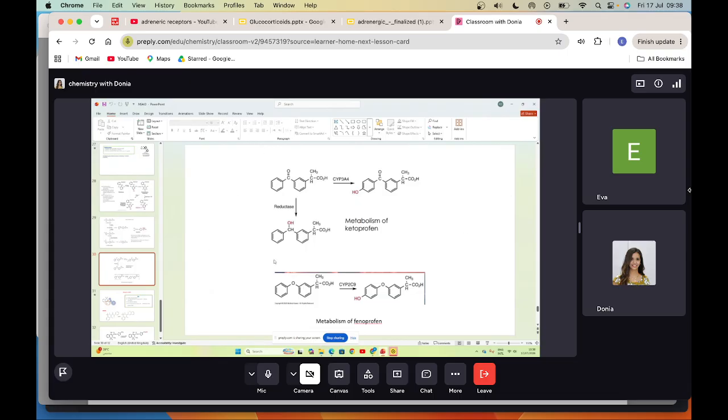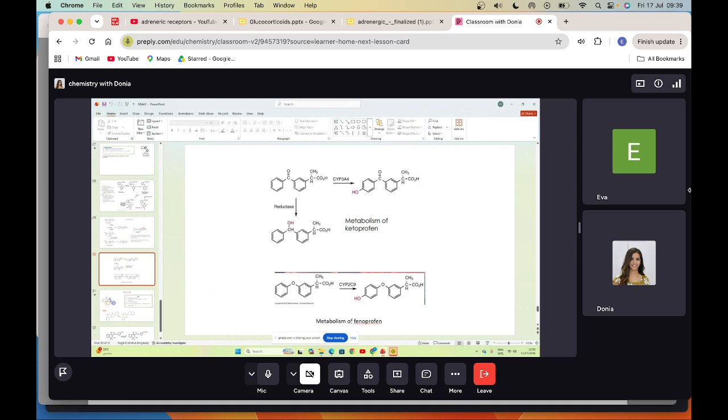What is the metabolism mentioned in your slides? This drug would undergo aromatic oxidation, in the para position, adding OH here. This is one type of metabolism. There is also reduction: this is a ketone, and when a ketone undergoes reduction, it gives an alcohol.